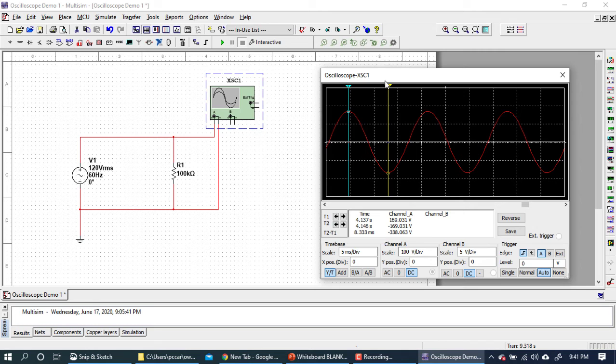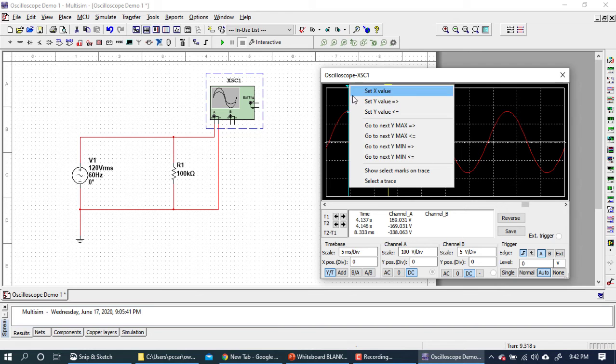So let's get rid of the cursors. Oh, one other thing. If you right click on these cursors, you can automatically position them. So you can set the cursor to go to a maximum value or a minimum value on the waveform. Or you can set it to go to a certain value.